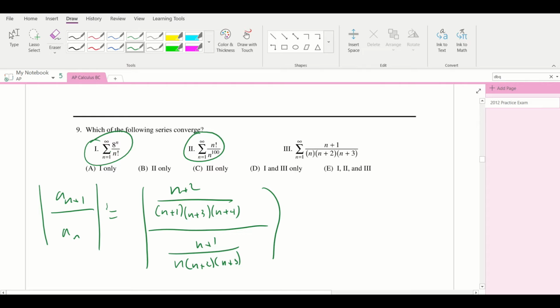Right. So these cancel out, and we're left with n plus 2 squared times n over n plus 1 squared times n plus 4.